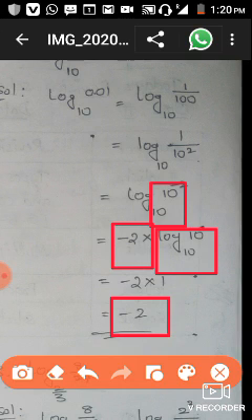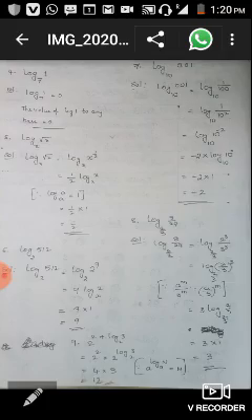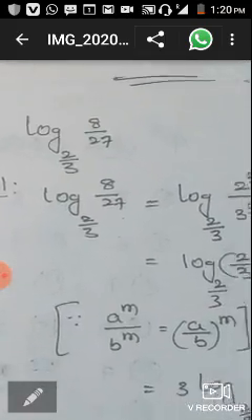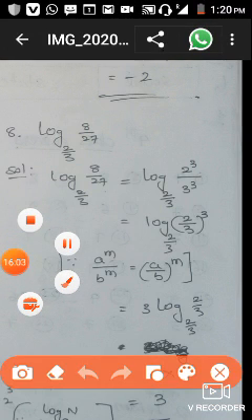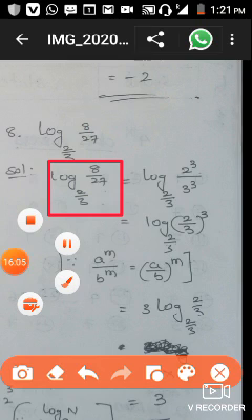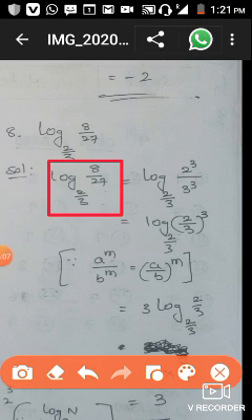In the next question, say next log 8 by 27, log 8 by 27 for the base 2 by 3. So the question is this: log 8 by 27 for the base 2 by 3.